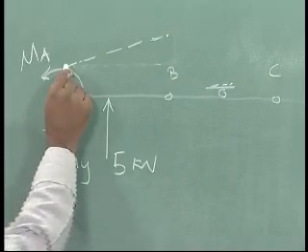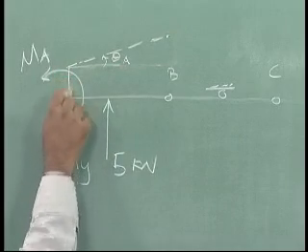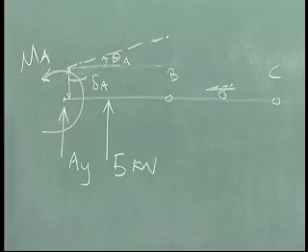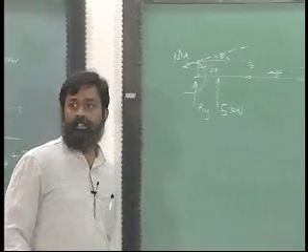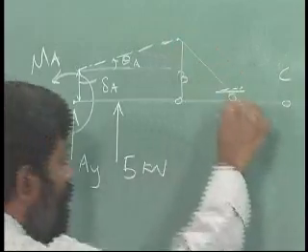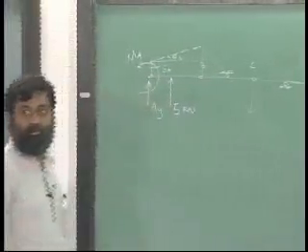Okay. So, this is the rotation theta A, this is the displacement delta A, and find out consistent to this. So, you know how to find out this, from which you will find out this, from which you will find out this. Okay.